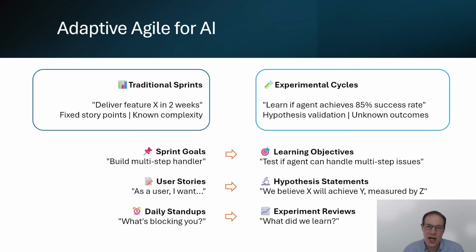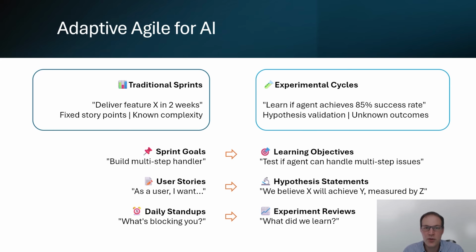Let's start with Agile. That's a great foundation, but you really need to adapt it for non-deterministic systems. How do you estimate achieving 90% accuracy in intent recognition when you don't know if that's even possible? How do you commit to sprint goals when a model update could change everything mid-sprint? Here's how I think about it. We have to shift from delivery sprints to experiment cycles.